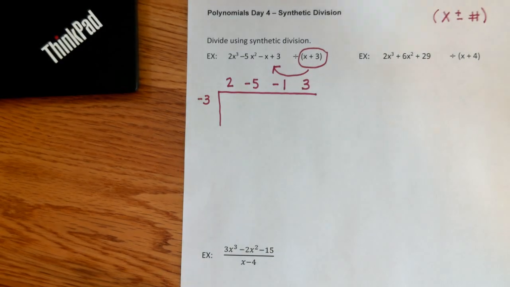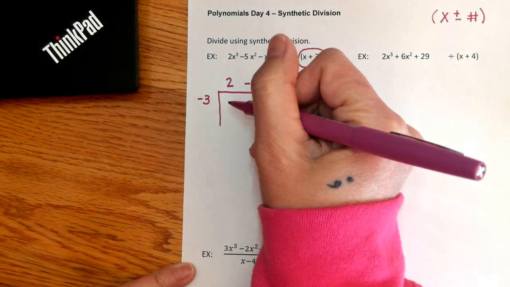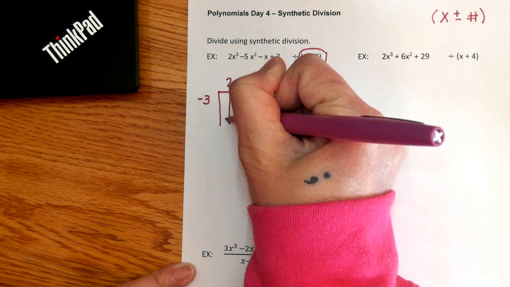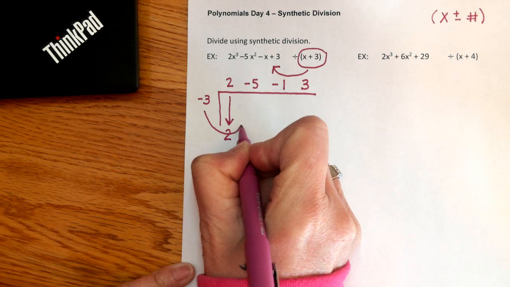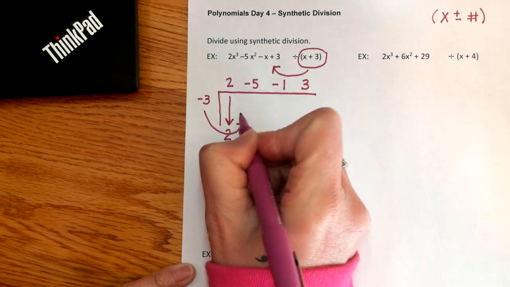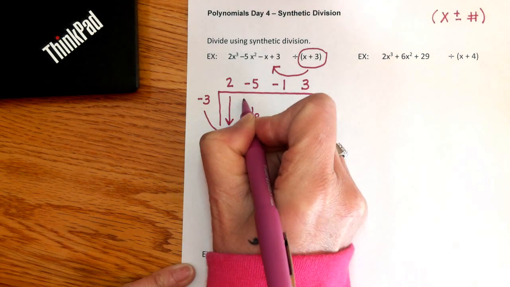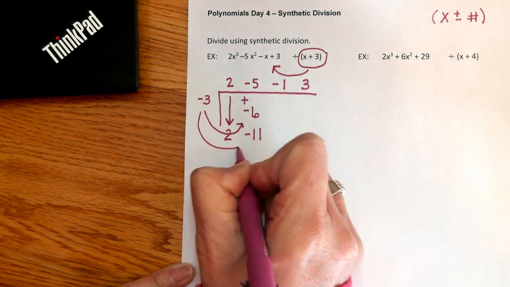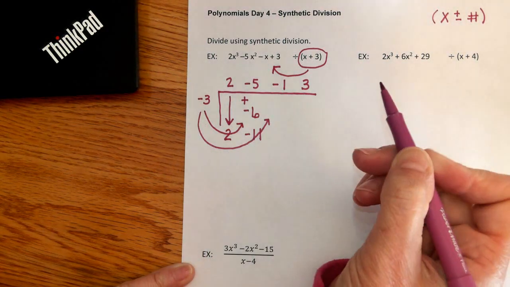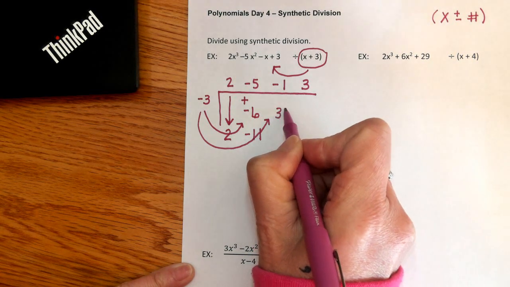And now it's drop, multiply, add. So I'm going to drop my 2. I'm going to multiply. Negative 3 times 2 is negative 6. And then I'm going to add negative 11. Then I'm going to multiply negative 3 and negative 11, and I'm going to get 33.